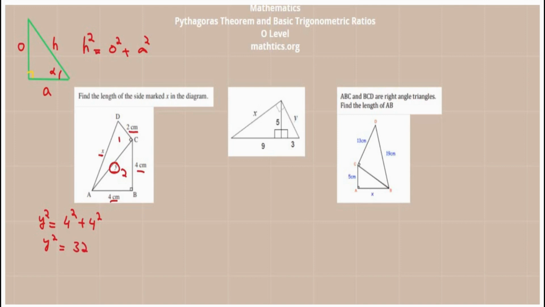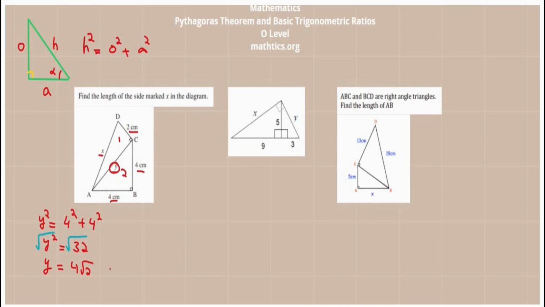Now we need to find y. We don't need to know the value of y square. So let's take the square root on both sides. Square root of y square will be just y. Y equals square root of 32, which is 4 square root 2. So that means the answer for y is 4 square root 2. We can consider it as the final answer.